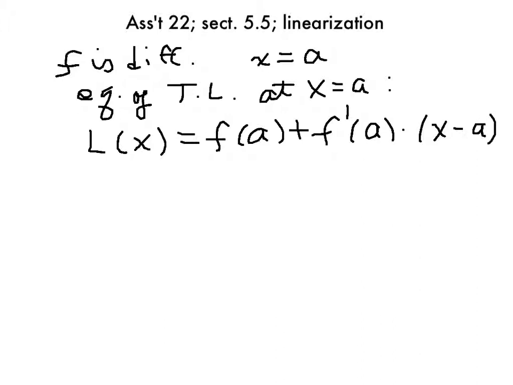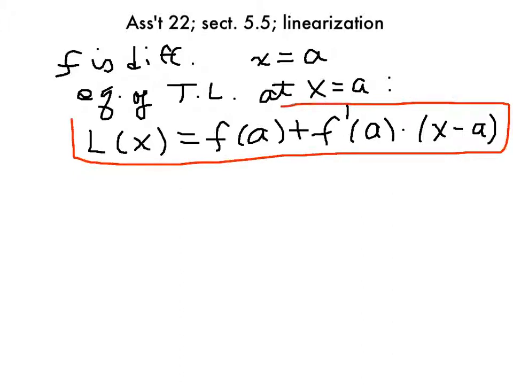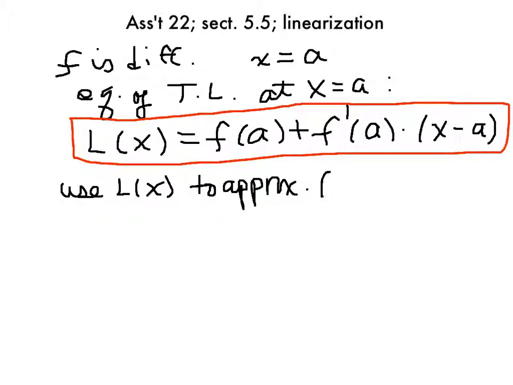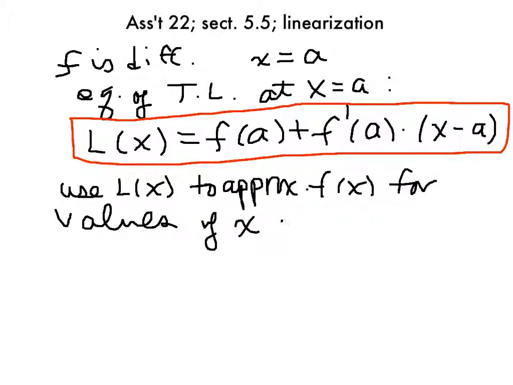And as I've been saying, that's a big deal. That's the equation of the tangent line to the graph of f(x) at the point of interest, which in this case is x equals a. Now, we can use L(x) to approximate f(x) for values of x near x equals a.